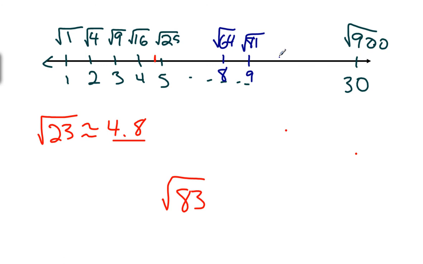We go to 10. And we think, what is 10 squared? Well, 10 times 10 is 100, which means the square root of 100 would equal 10. And look what we have here. 81 is less than 83, and 83 is less than 100, which means that the square root of 83 should fit right in between 9 and 10, but closer to 9.